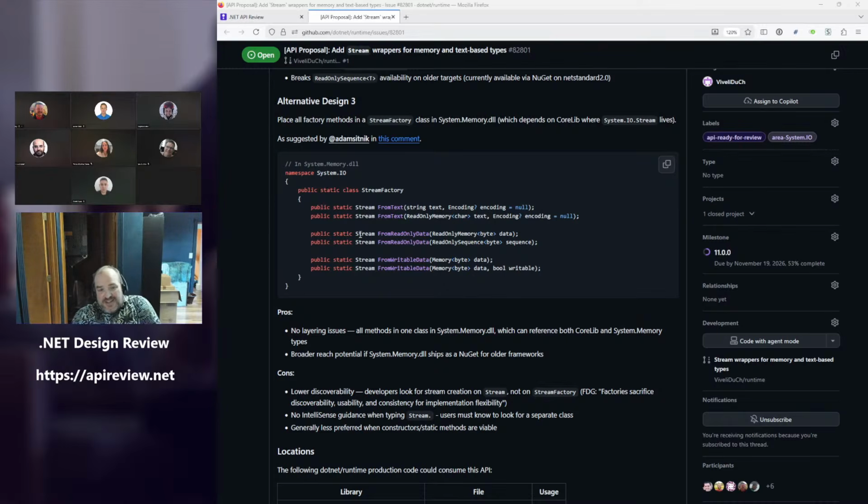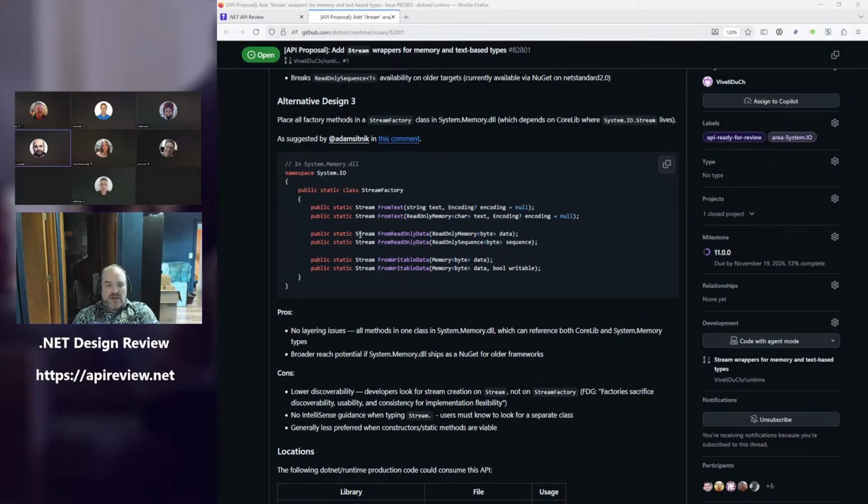No, actually, my scenario is like, I have UTF-8 bytes, for example, and I want the stream to operate as UTF-16. Right, and that would be an overload of from text, not an overload of from read-only data, because from read-only data is about bytes. Right. I'm not talking about overloads, I'm talking about the scenario.